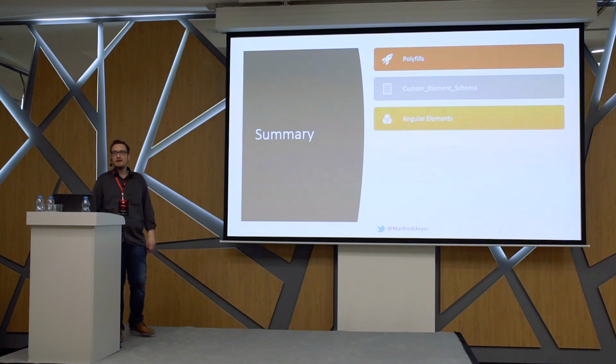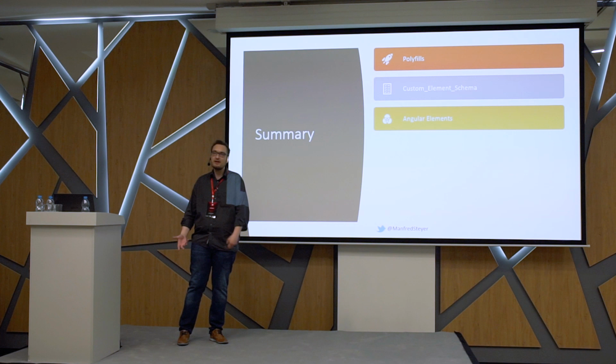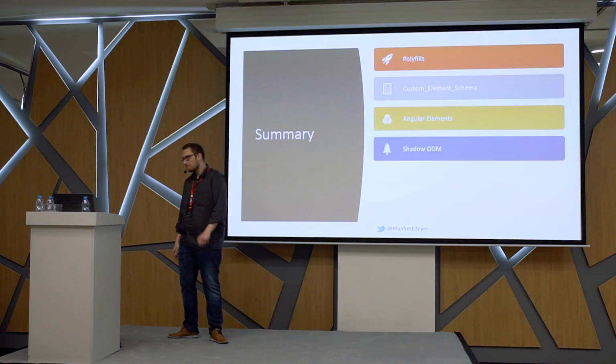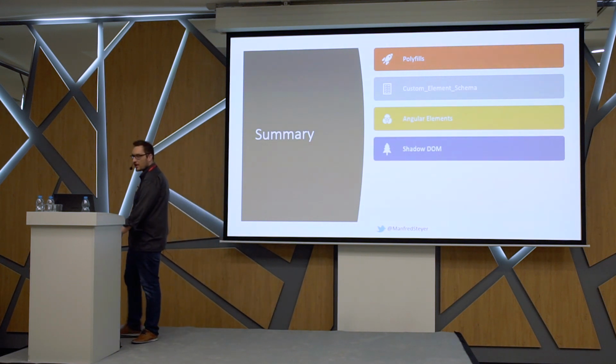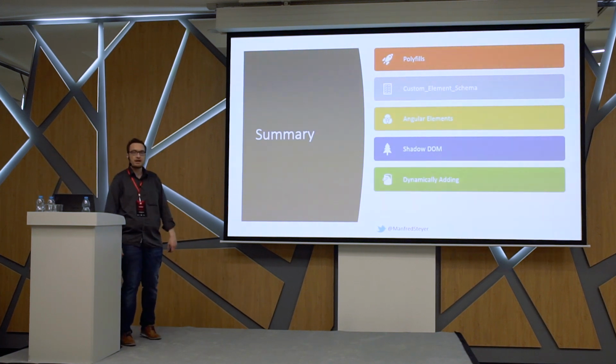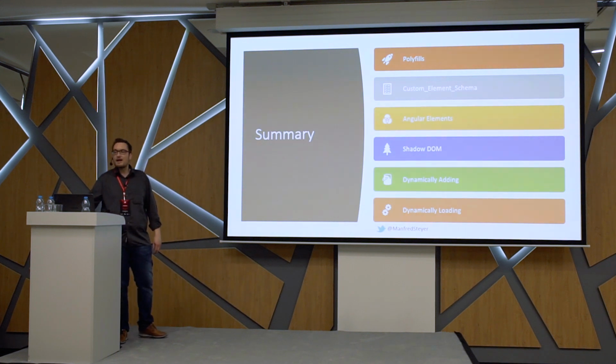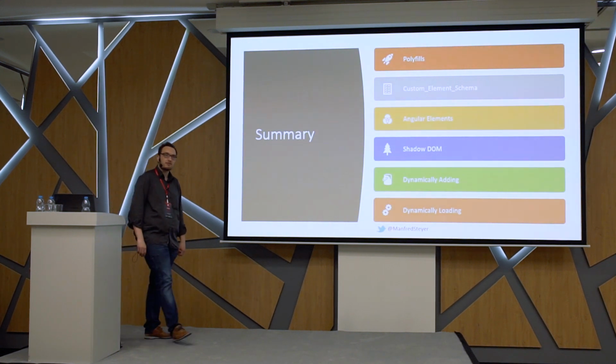We've seen that Angular Elements makes it very easy to wrap an existing component as a custom element. We've seen there is Shadow DOM baked into it. We've also seen dynamically adding everything is just a piece of cake. Just use the document object like 20 years before. And we've talked about dynamically loading those elements.